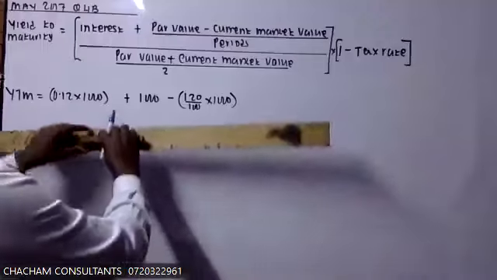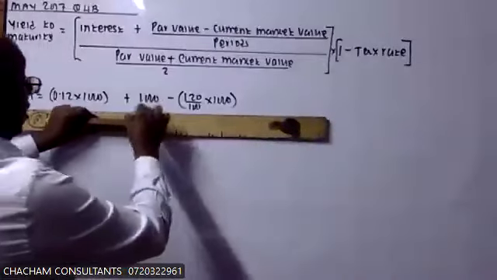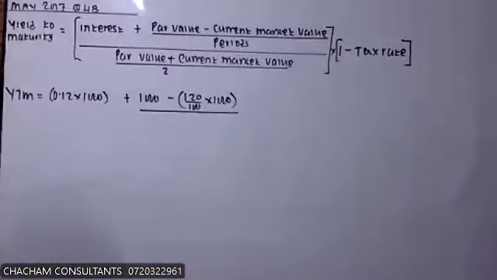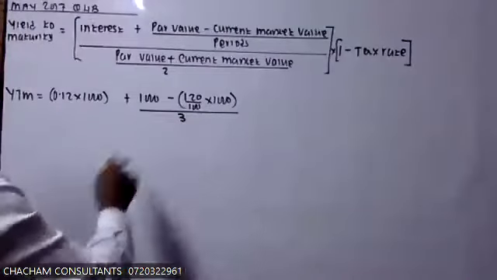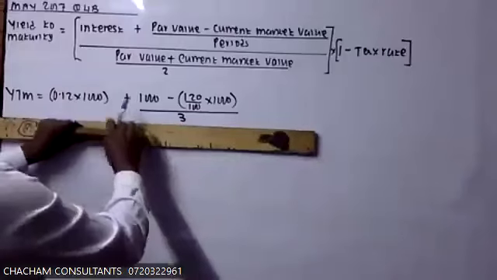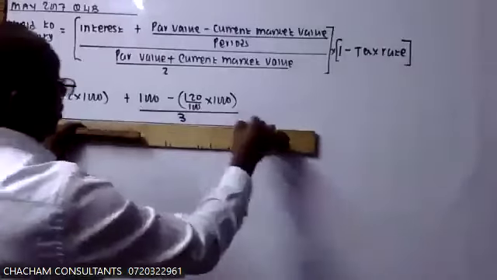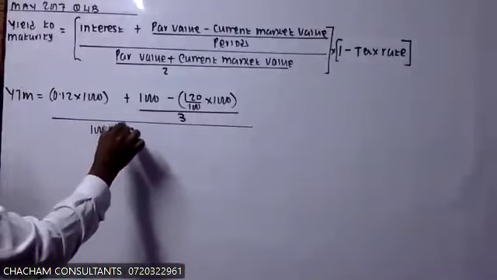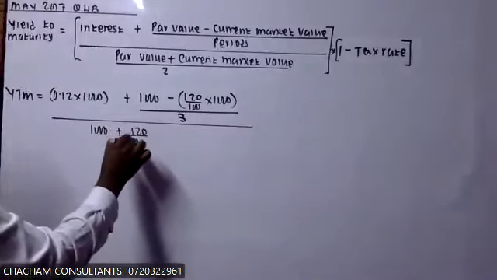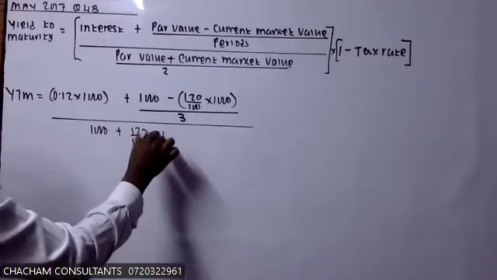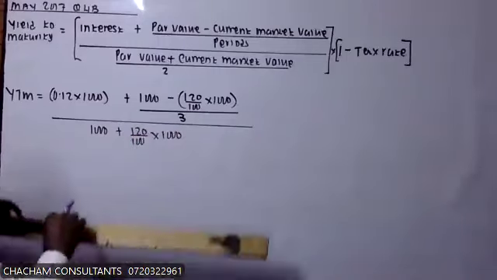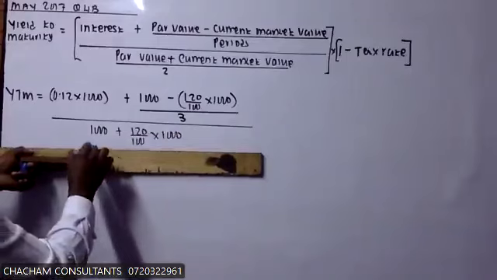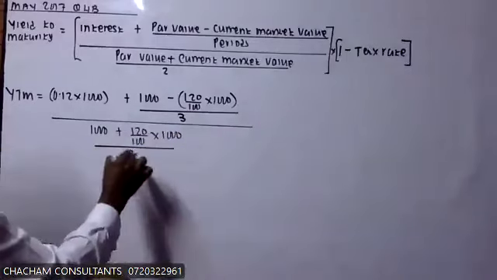Sasa the difference you get there, you divide by the number of periods, which are 3. Then the whole of this, you get the 1,000 plus 120% of the 1,000. You divide it by 2.